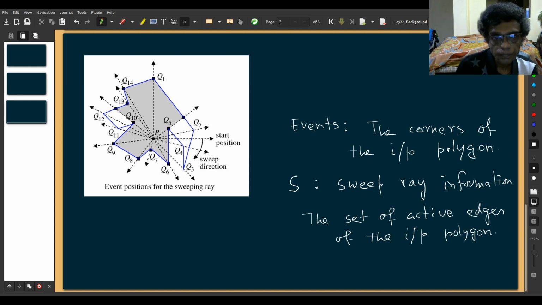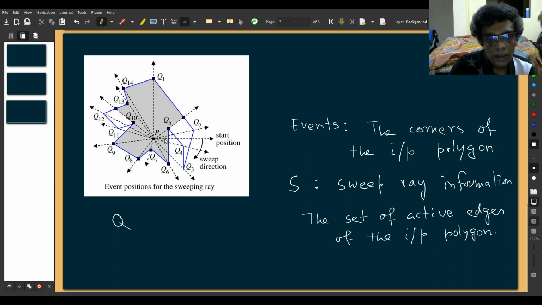So events are characterized by some point Q_i. Let us call it Q. For example, the first event that will happen, and the events are sorted with respect to their angle measured in this direction, starting from the horizontal right position.